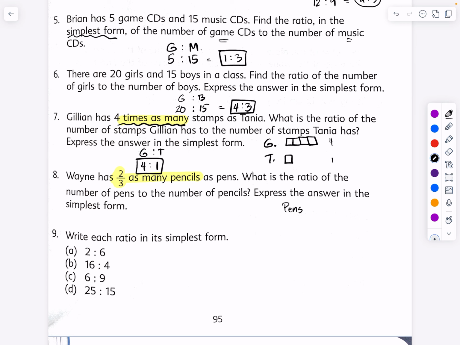Pens and pencils. What is given? Wayne, W for Wayne, has 2 out of 3 as many. 1 time, 2 times, 3 times. 2 out of 3. What is the ratio of pens to pencils?